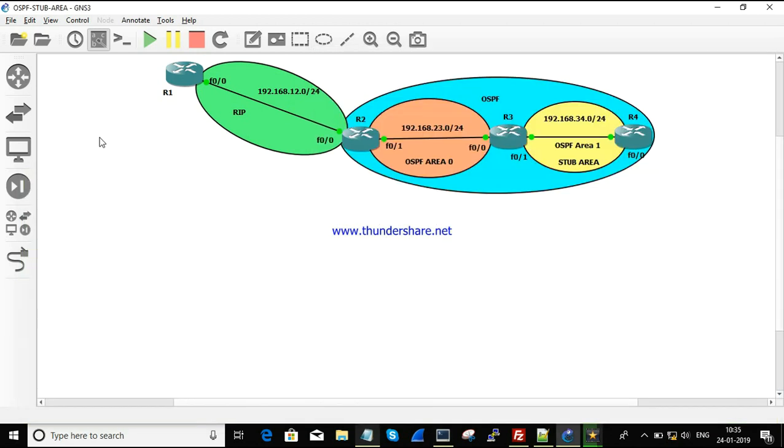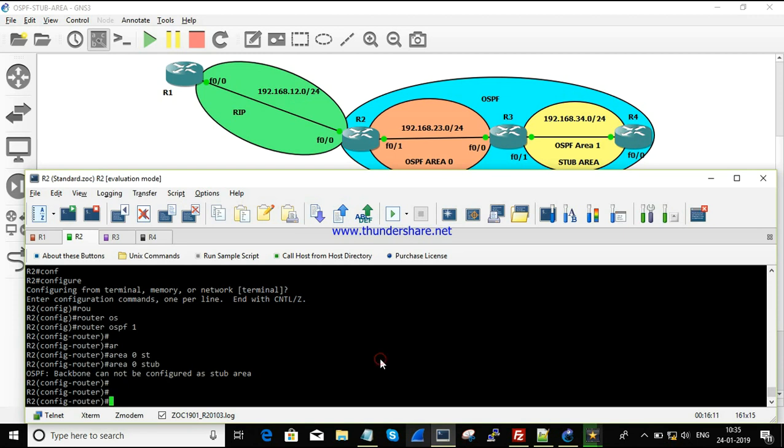So that area cannot be configured as a stub, as stub helps you to block certain information. But as per the OSPF basic rules, every area has to be directly or indirectly connected to OSPF area 0. So it cannot be configured as a stub. We can configure any other area to be a stub.